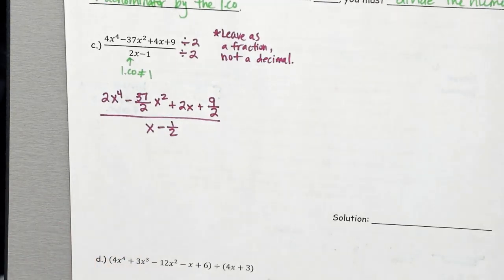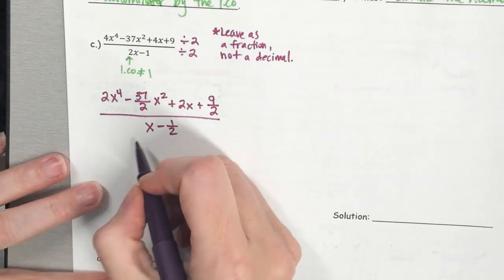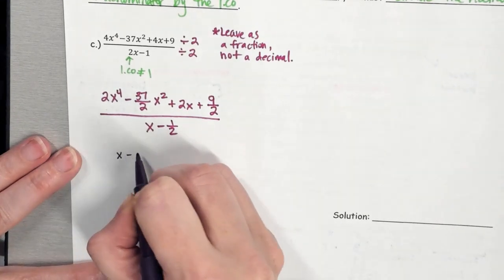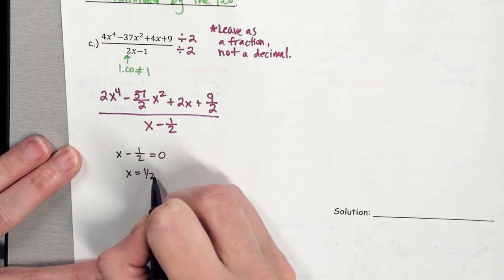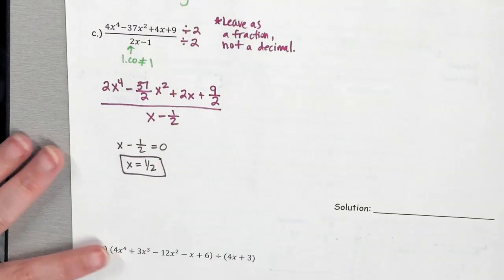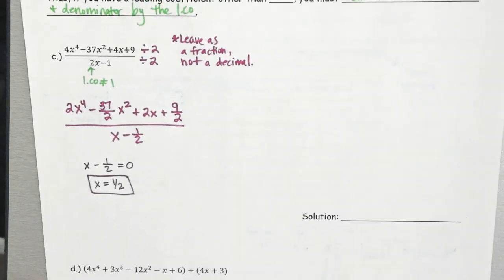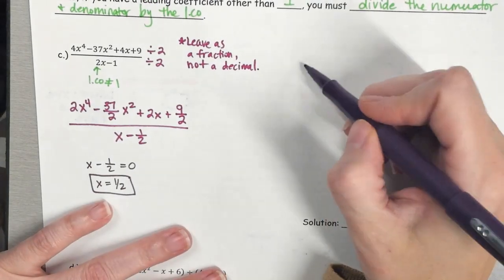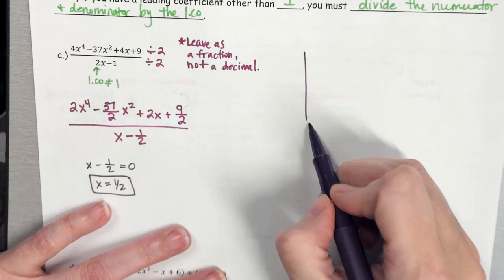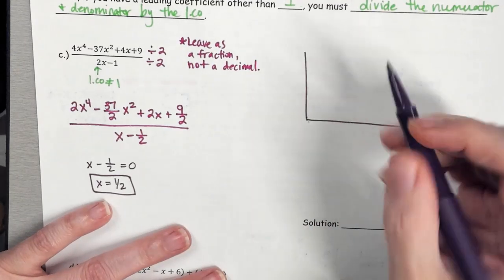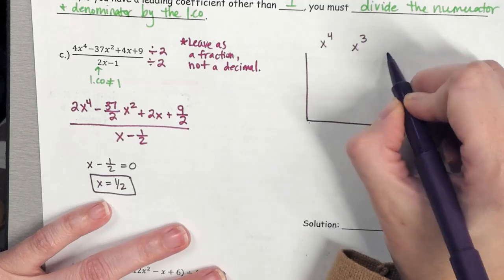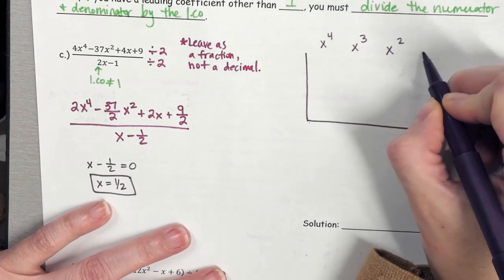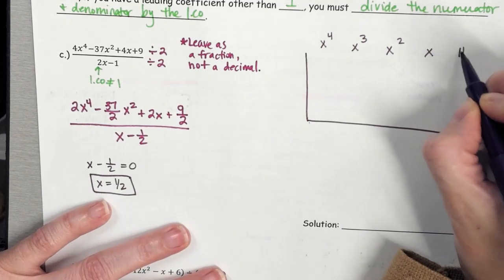Okay, now once you have that, you're still going to set your divisor equal to 0, and you're going to solve. So your x value is going to be 1/2. Okay, and then give yourself some space with this one because you have some more terms. You have x to the 4th, x to the 3rd, x squared, x, and then your number.